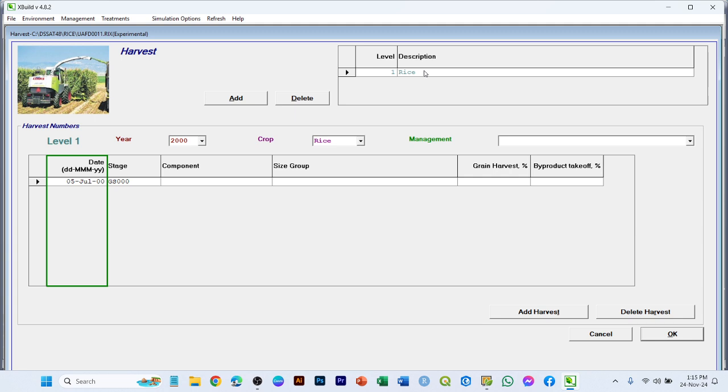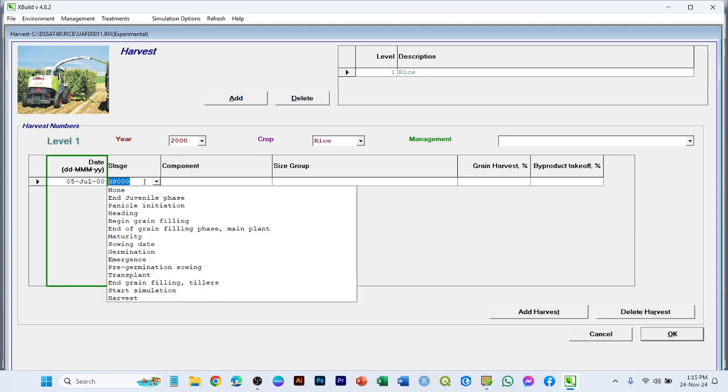If you want to count the harvest date up to the panicle initiation date, then you have to mention over here panicle initiation. If you are going to mention maturity, germination, emergence, it's up to you. Different stages depend on the requirement of your experiment, the objective. So you can select anyone.